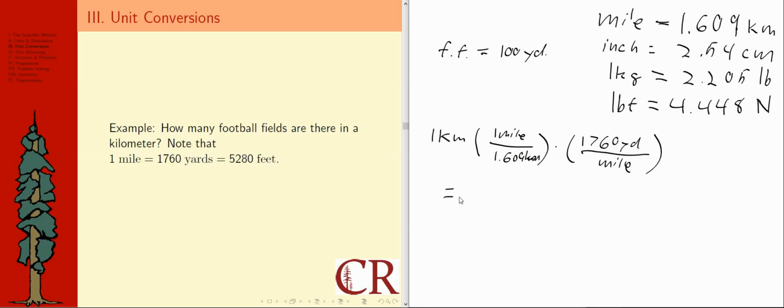So in my calculator, I'm going to basically take 1 divided by that 1.609 and then multiply by 1760. And when I do that, the number that I get here is like 1,093.847, etc. Maybe that's good enough.